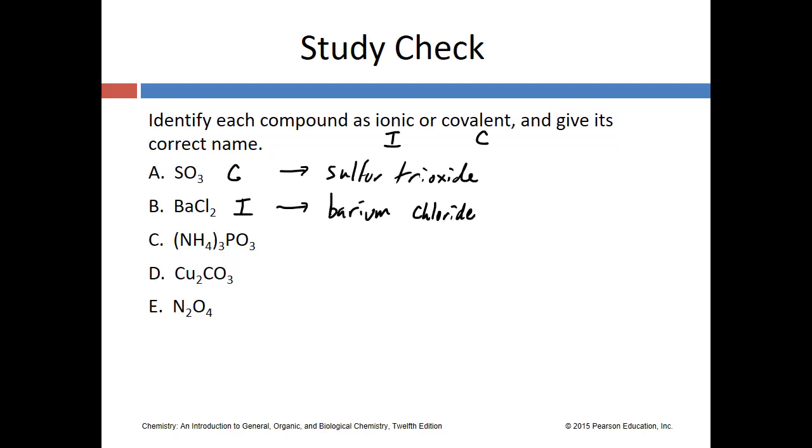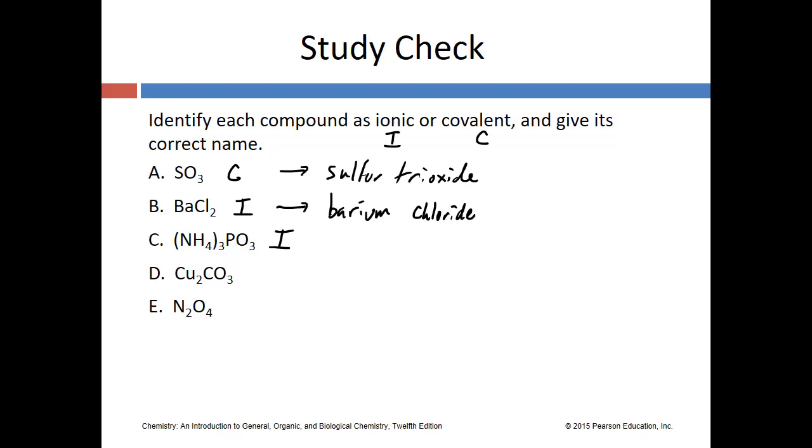All right, letter C. Here's where it gets a little sticky. All of the elements in C are non-metallic. The reason we know it's ionic, though, at least for this purpose, is just that there are too many elements involved. I've got nitrogen, hydrogen, phosphorus, and oxygen.